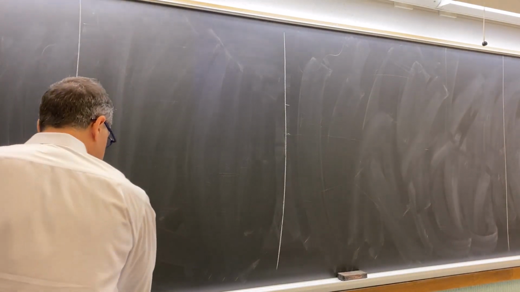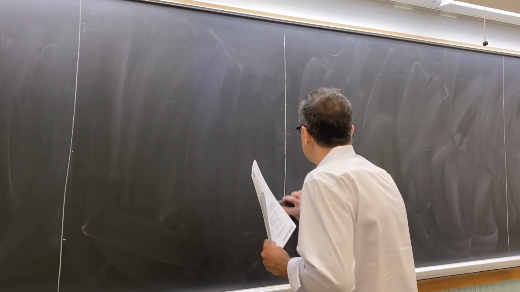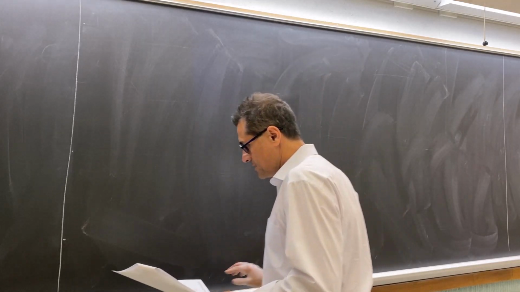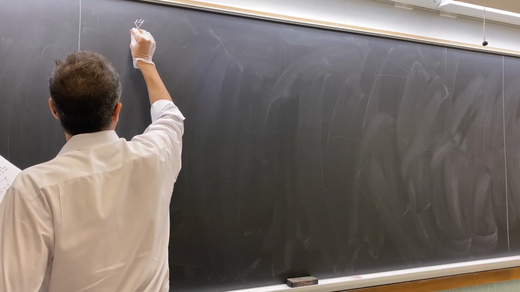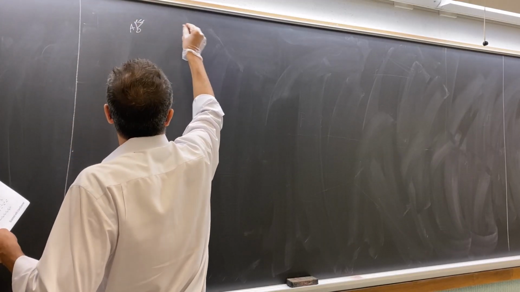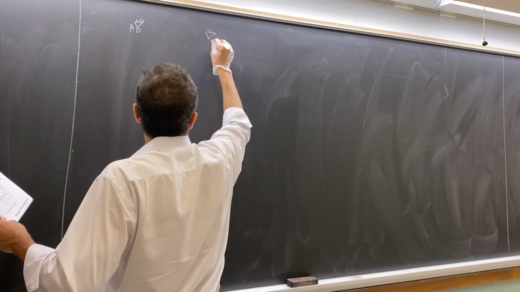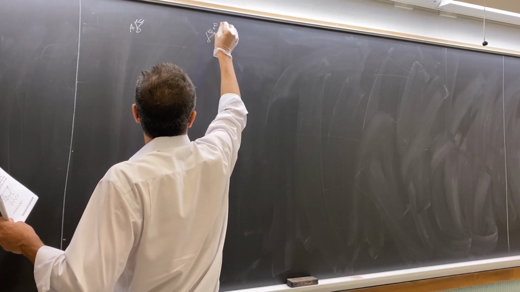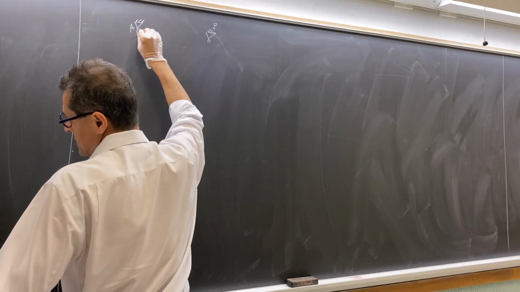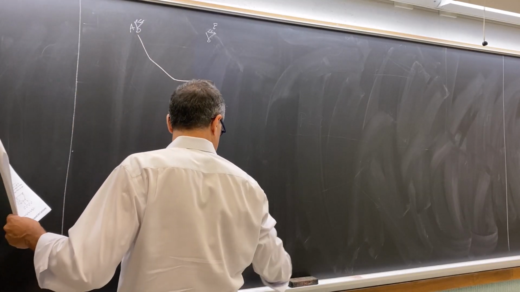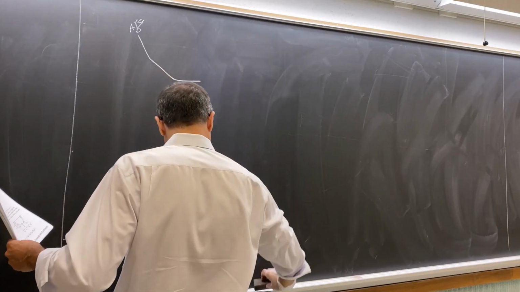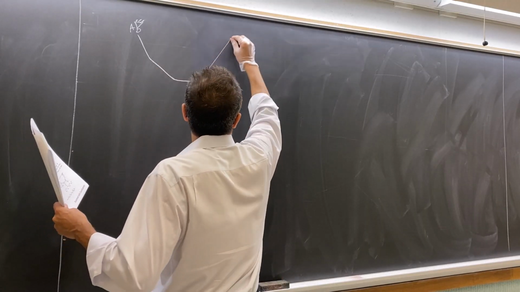So next problem is a cable under concentrated load. So we have support A, we have support at point E, there are pin supports, and the cable is like this.